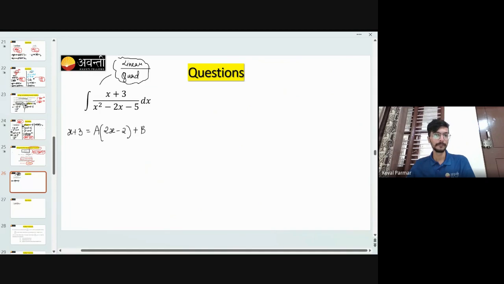Then we solve these equations by comparing directly. I get 2ax plus b minus 2a, and here I have x plus 3.